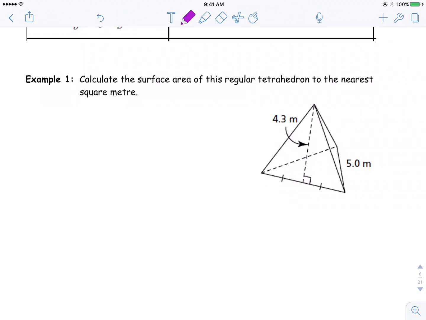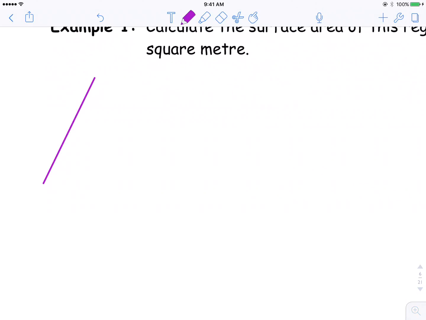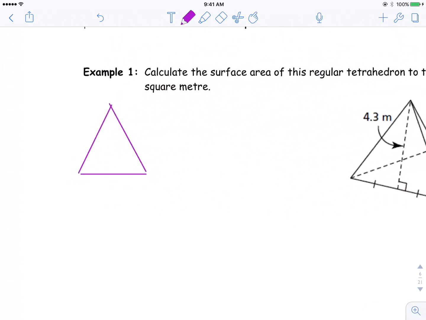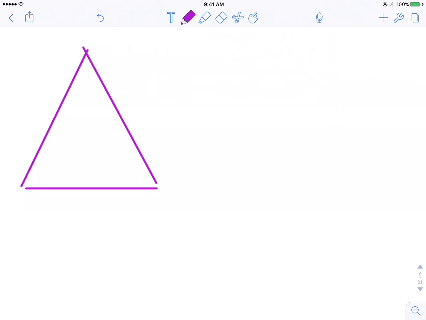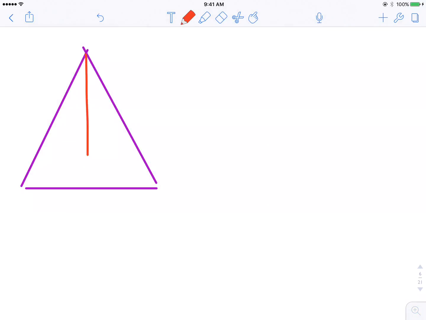If we're looking at a regular tetrahedron, we know that each of those faces is going to have a triangular shape that looks like this. Now that's not a very well drawn triangle, but I know that the height of this triangle is going to be, as indicated, 4.3, and the base length of this triangle down here is going to be 5.0.